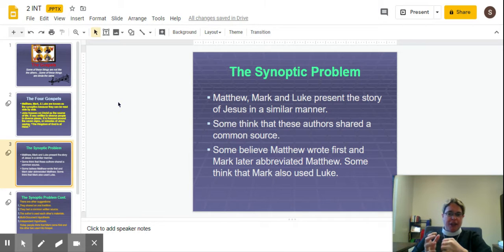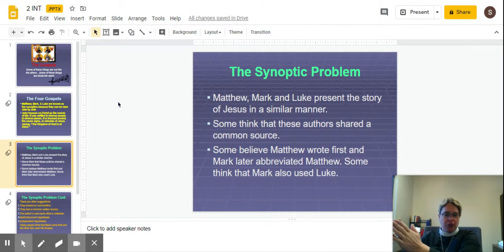Some people think that the authors shared a common source, and this is quite a long time ago. I think it started with Augustine or something, is the first person we know about. Some believe Matthew wrote first and Mark came by later and abbreviated Matthew. And some people also think that Mark used Luke as well.